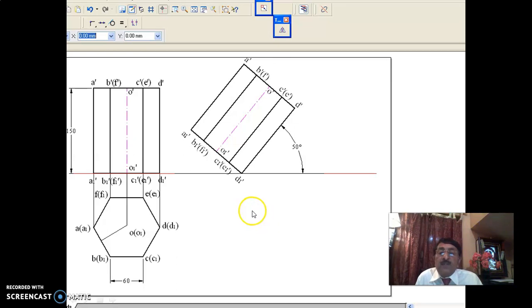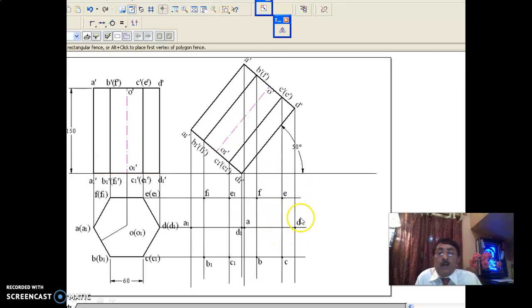The procedure is the same as I told you earlier. Now, get all the points: A1, B1, F1, E1, C1, D1, then A, F and B, E and C, D. Clearly make a dot at their respective points, otherwise you'll get confused.